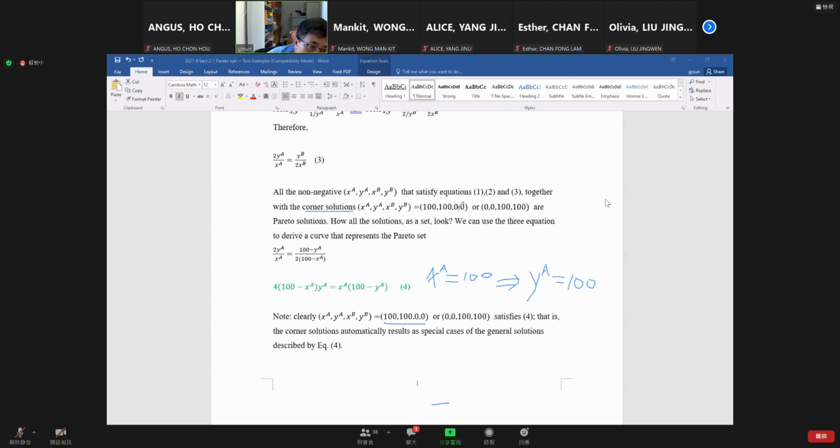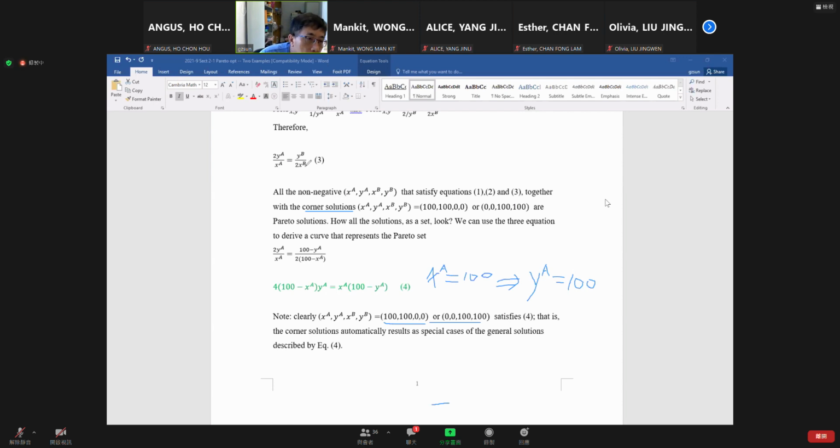Sorry, that's optimal. So here you can see we don't need to worry much about the corner solution here because we put XA in the denominator, XB in the denominator. So therefore, we have good reason to worry about the zero value of XA, XB.